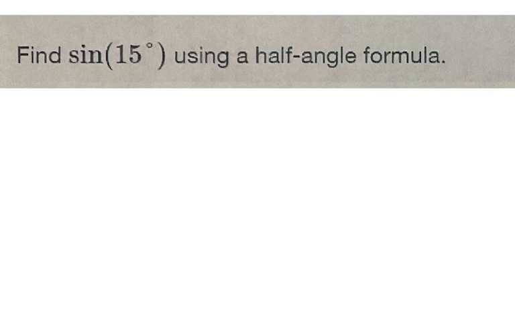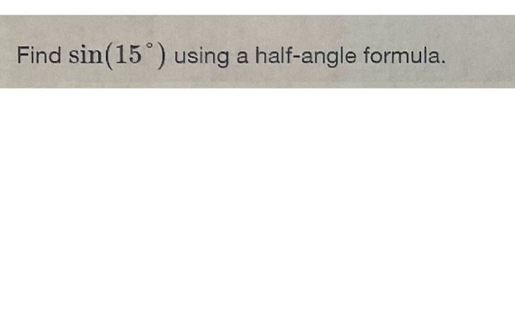Now, there are other ways we could find sine of 15. We could use a sum and difference formula. If we did sine of 45 minus 30 and used that formula we learned about in section 2, we could find this answer. But because they want me to do a half angle formula, that's what we will do.